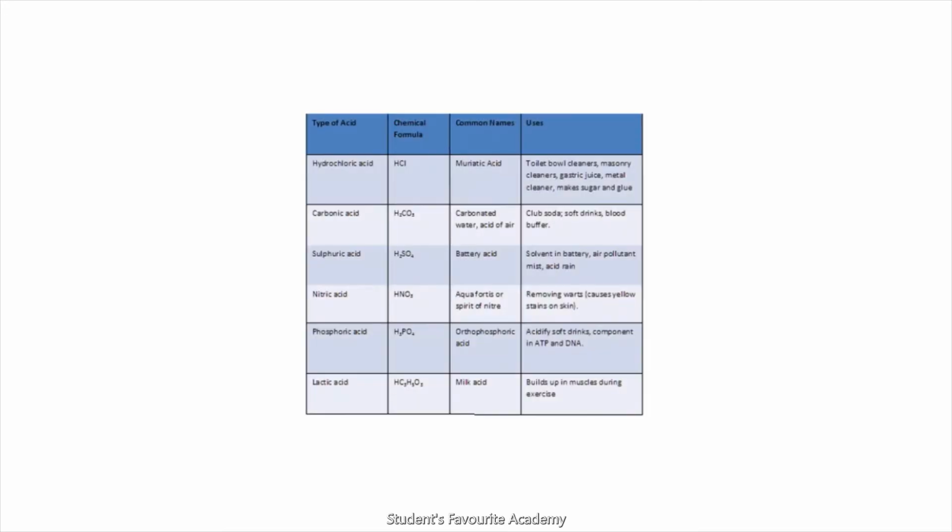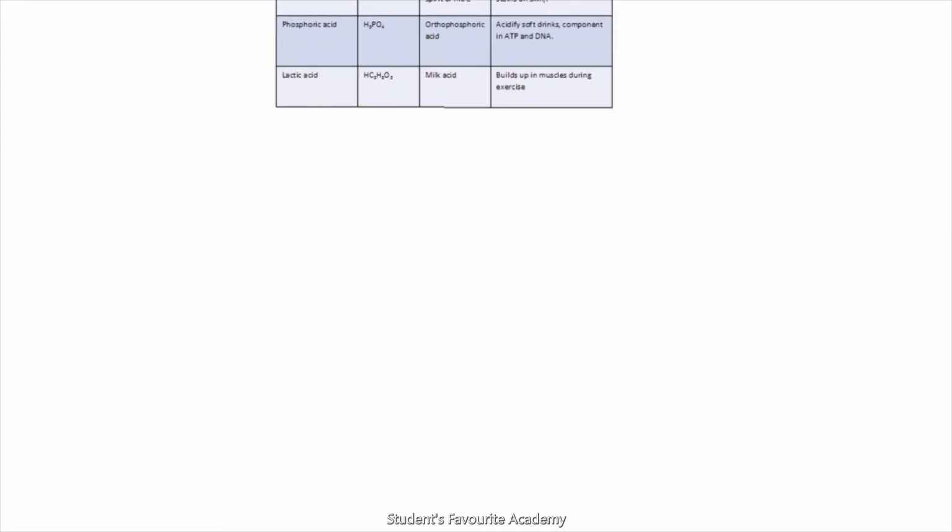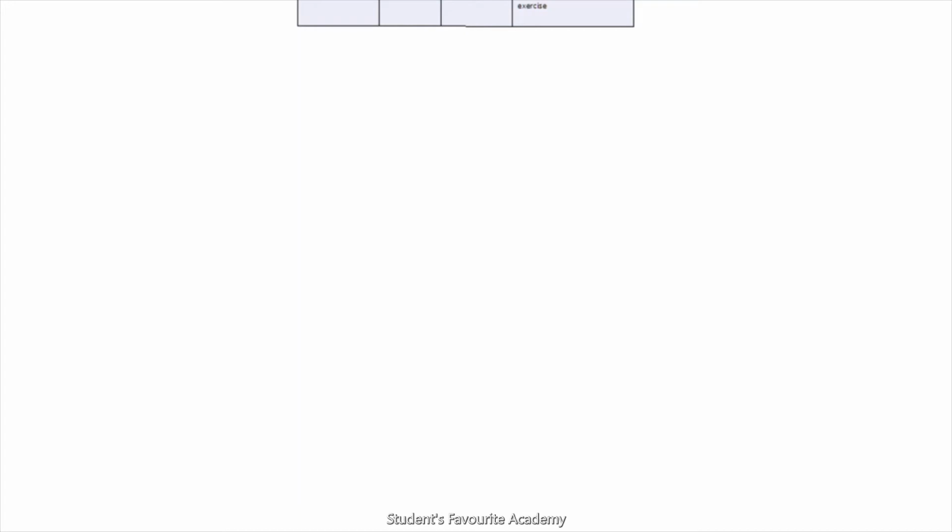Okay, then we will learn about this. We have finished learning types of acid and its uses. Okay, now we will learn how acids are manufactured or prepared. So now preparation of acids.